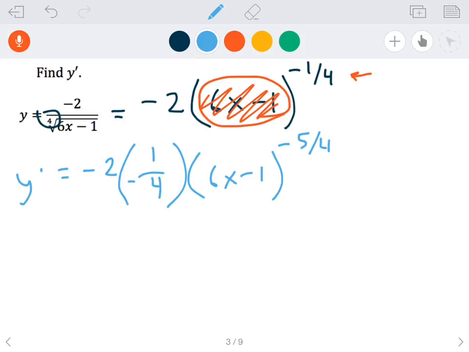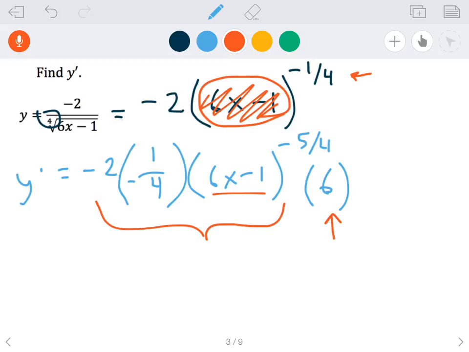And then I go back and I take the derivative of that inside, which is just 6. So all of this was the derivative of the outside, and then there's the derivative of the inside.